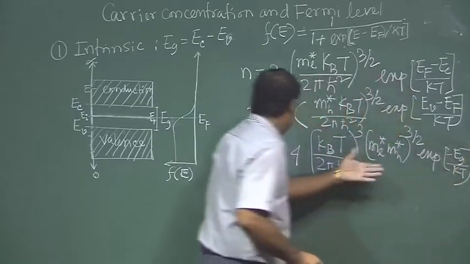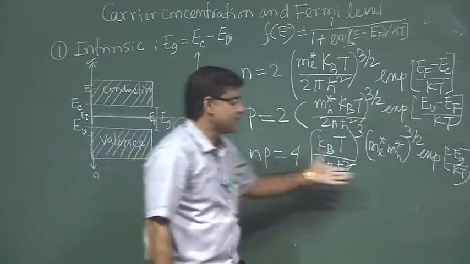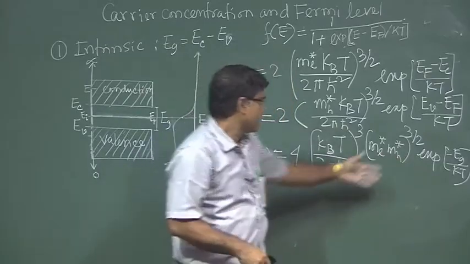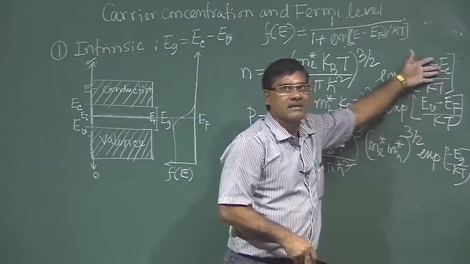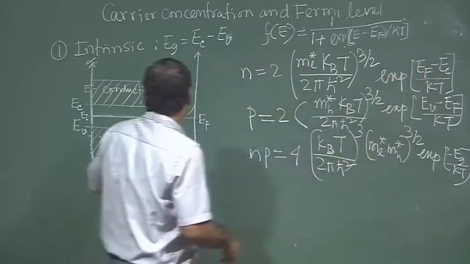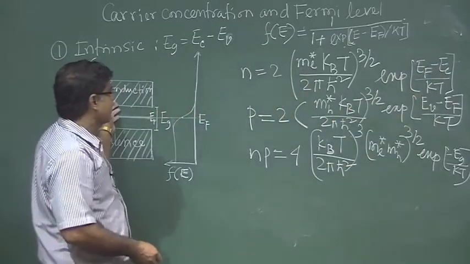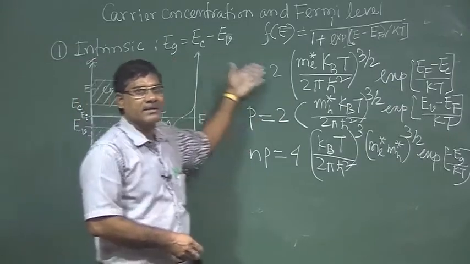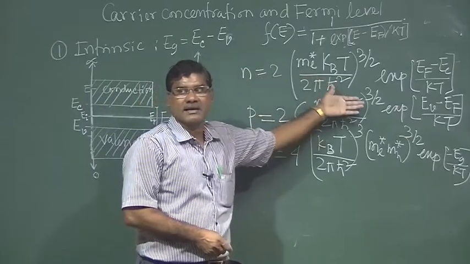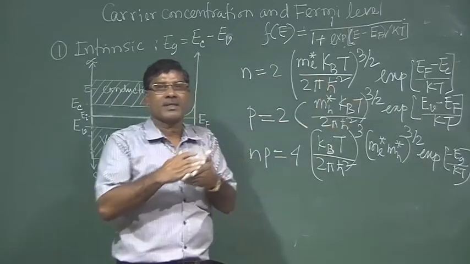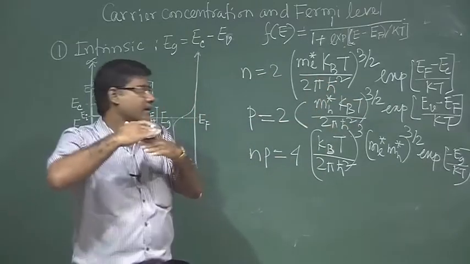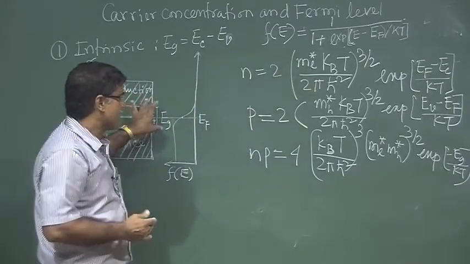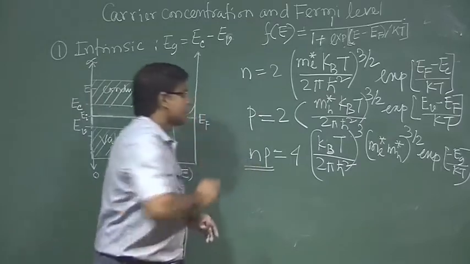Now, this product, if you look at it, is independent of Fermi energy. I have shown you that the Fermi energy position depends on whether it is an intrinsic, p type or n type semiconductor. Depending on that, the Fermi energy is shifted, but EG is always the same.